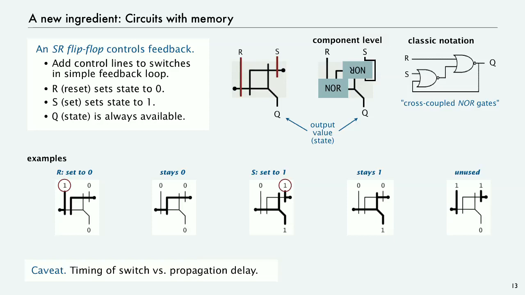In real life, you might have to worry about timing a bit, so I don't want to minimize those, but let's just abstract them away, because it does depend on the technology. So we're going to assume when R goes 1, then we set it to 0. When S goes 1, we set it to 1. And that happens pretty quickly compared to everything else.